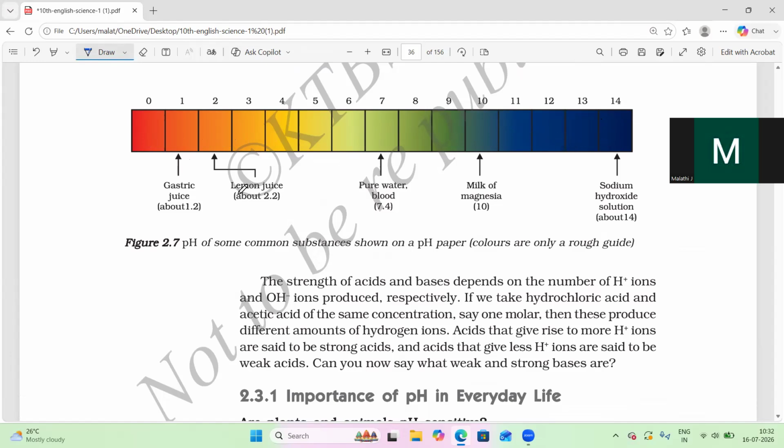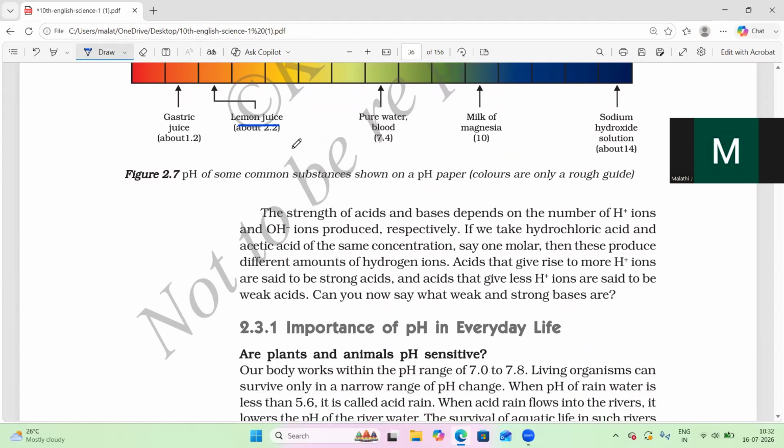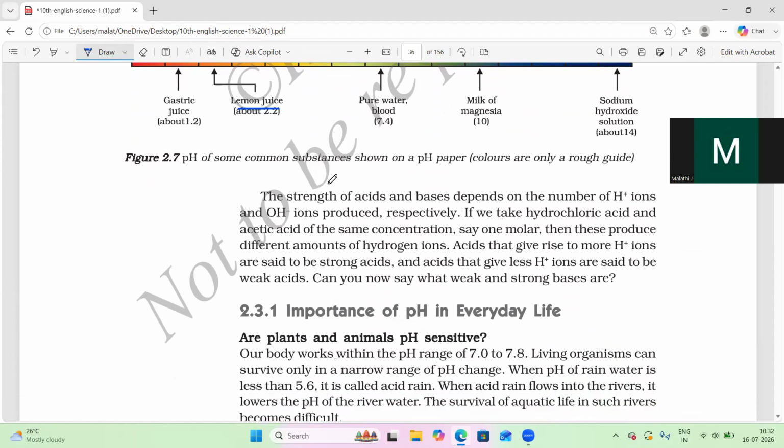See here, lemon juice has a pH value of around 2 to 3. So the strength of acids and bases depends on the H plus ions and OH minus ions produced. You should know that.